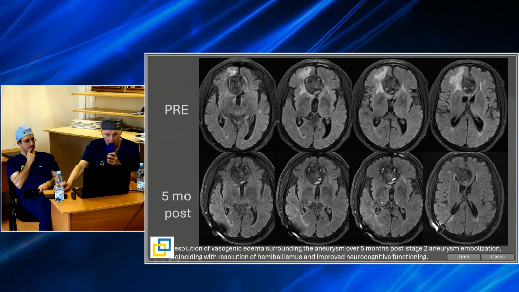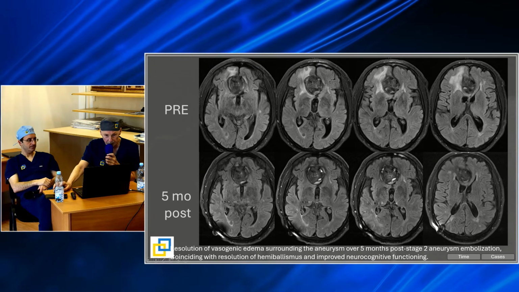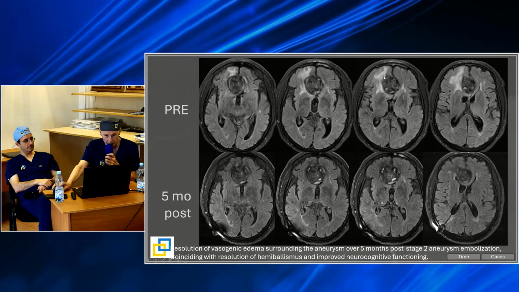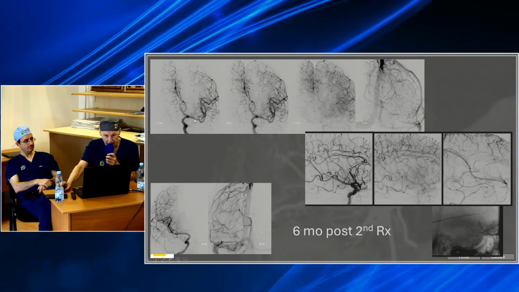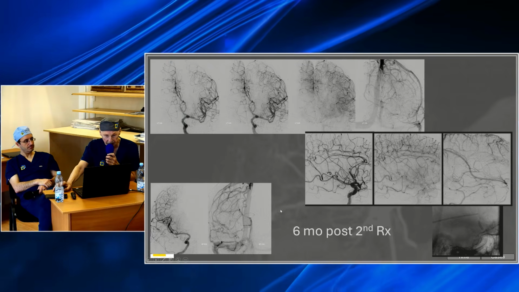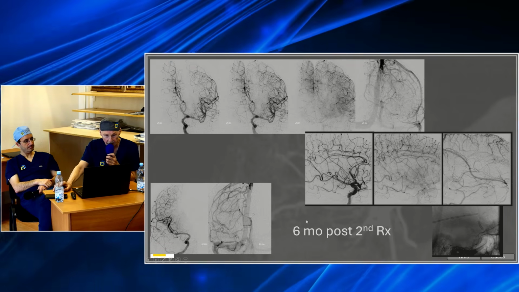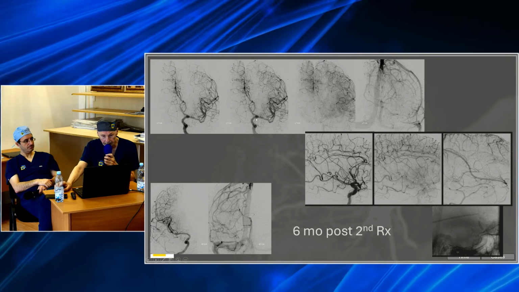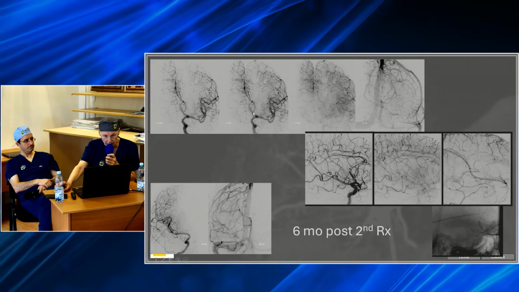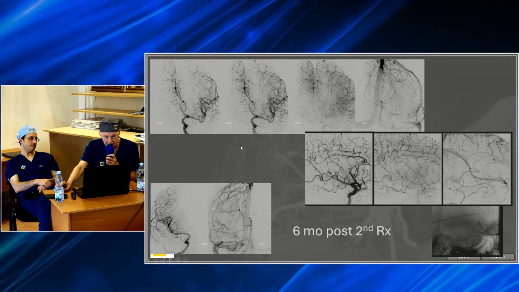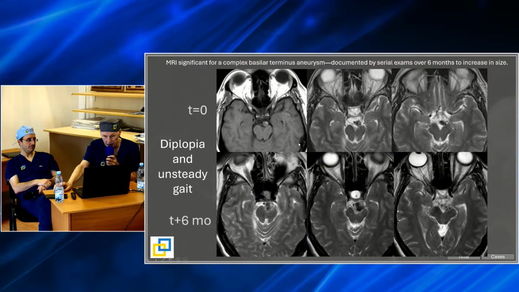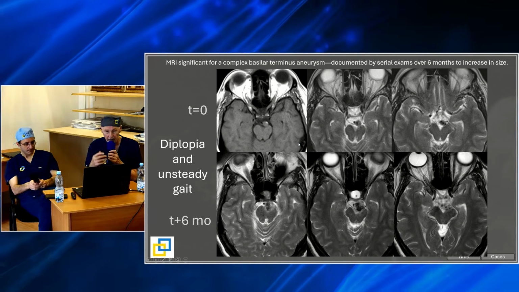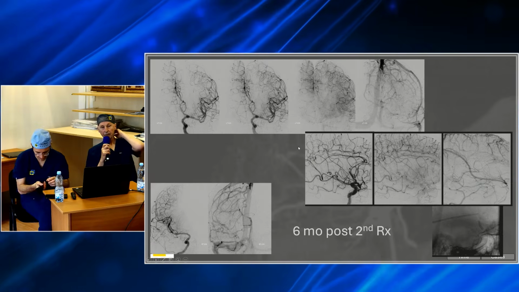You see the MR correlate of that even before the aneurysm completely shrinks down and disappears. The edema is much, much less. This was the last angiogram we got, six months after the eight-week delayed follow-up angiogram, showing that angiographically we've closed the aneurysm. We had MR evidence that we were on the right trajectory, but unfortunately he passed.